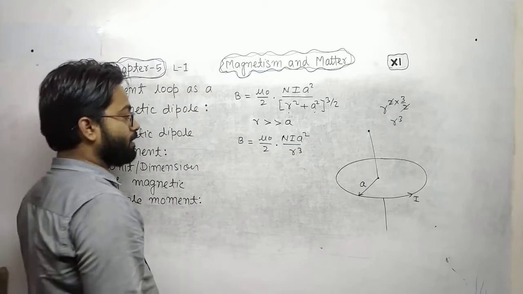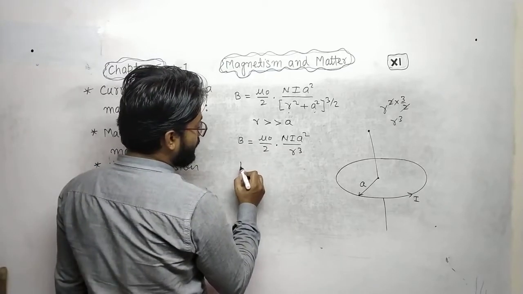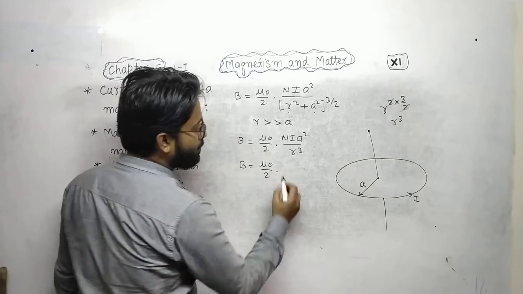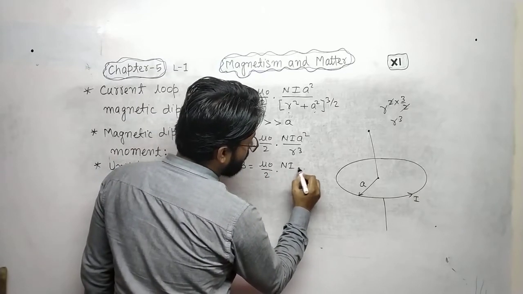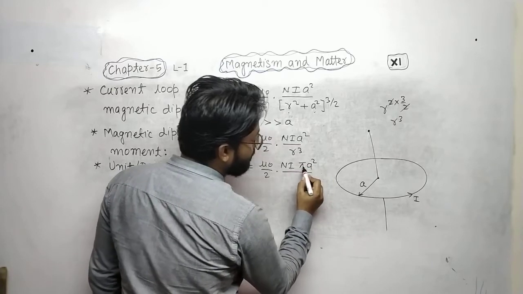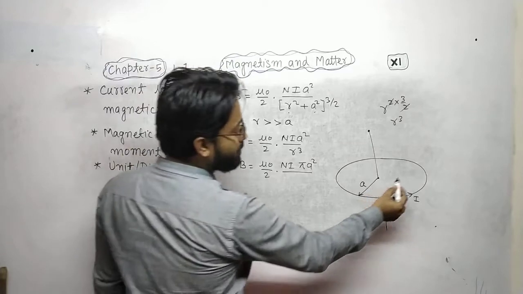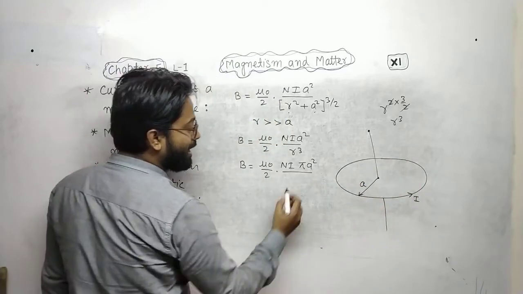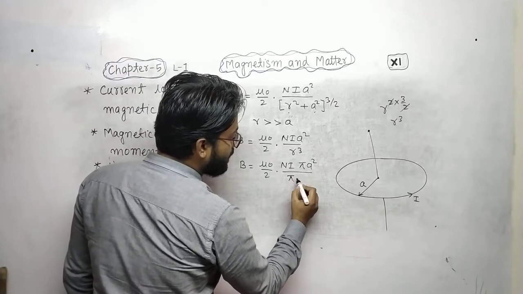You can put here pi A square. Why pi A square? Because pi A square is the area of the loop, and we also divide by pi.